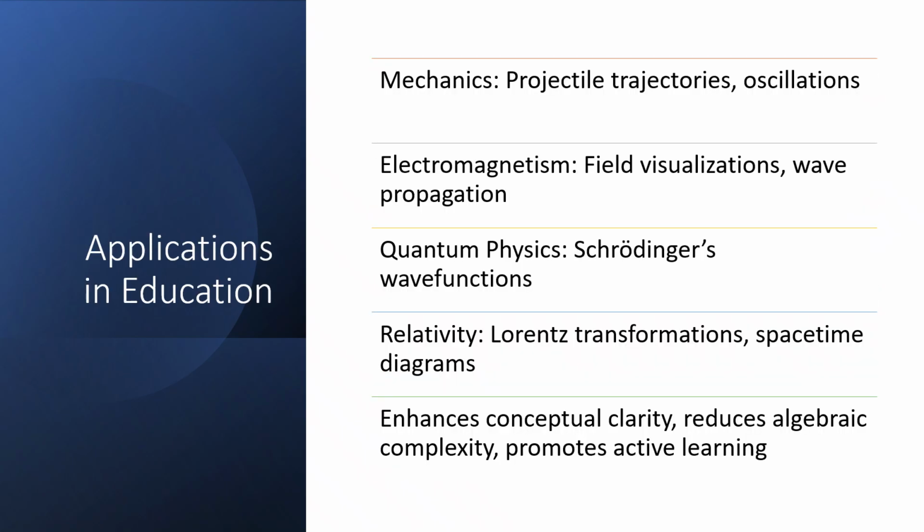In education, Maple works as a dynamic virtual laboratory. Students can visualize projectile trajectories, understand wave functions in quantum mechanics, or explore field lines in electromagnetism, and so forth. This interactive visualization makes abstract concepts more tangible.